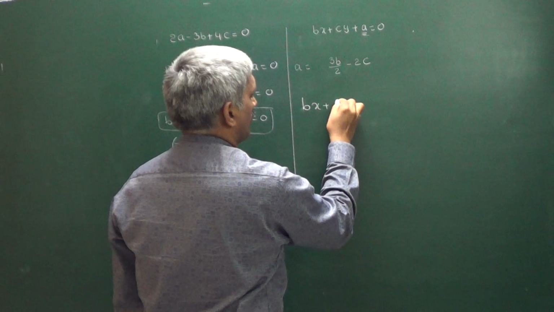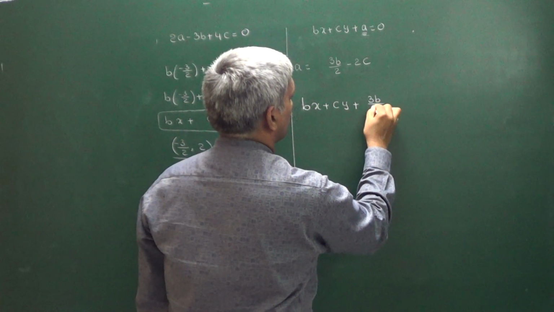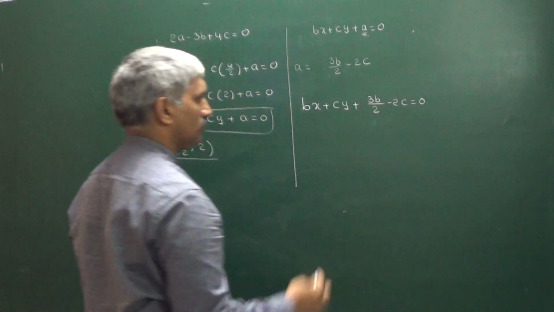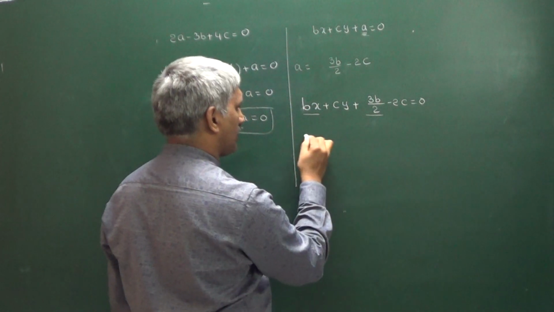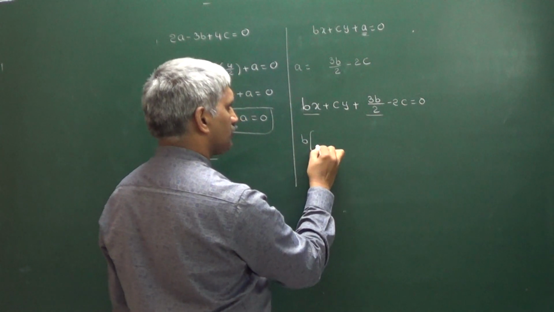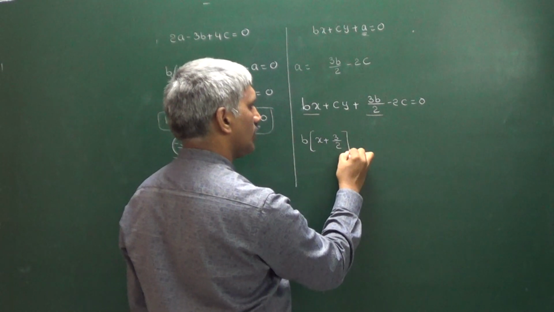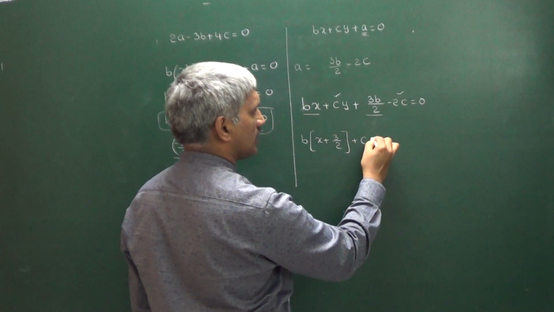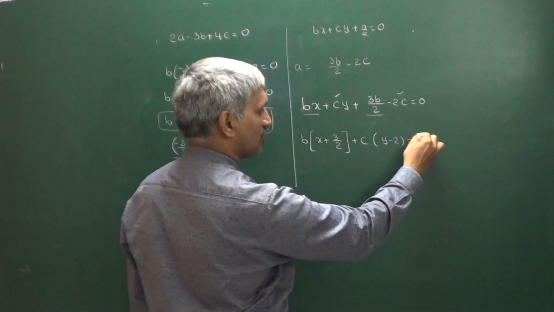Bx plus Cy plus 3B by 2 minus 2C is equal to 0. Now observe here, here also B, here also B. Take B common, we are getting x plus 3 by 2. Next here also C, here also C. Take C common, we will get y minus 2 is equal to 0.